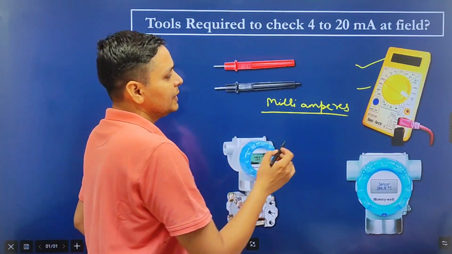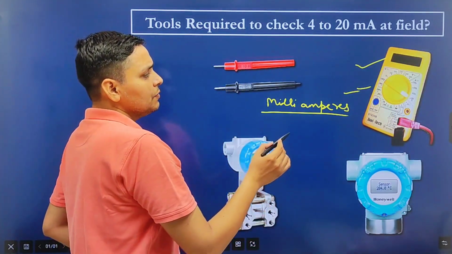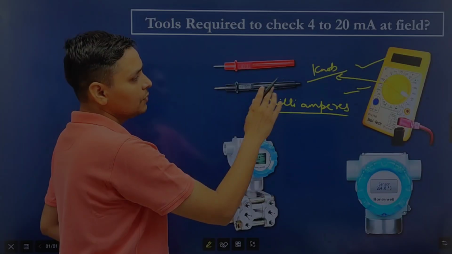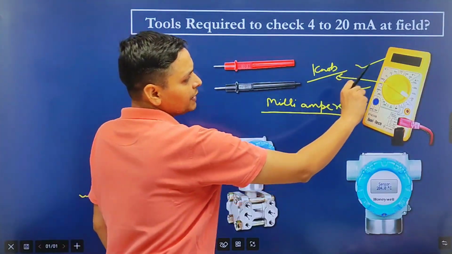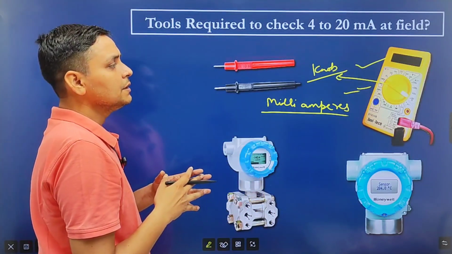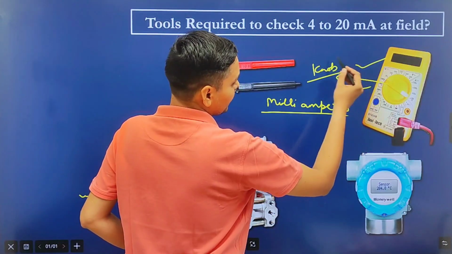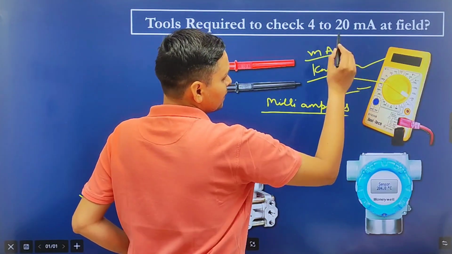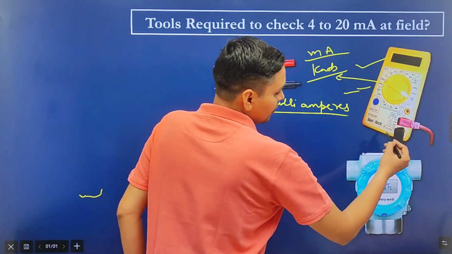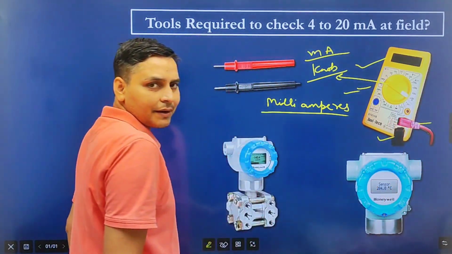If you look at any multimeter, you will find a knob. This knob is movable, so we can rotate it to any point which we want to measure. If we want to measure milliamperes, we will rotate this knob to milliamperes. Other than this, with the multimeter you will find 2 wires connected.